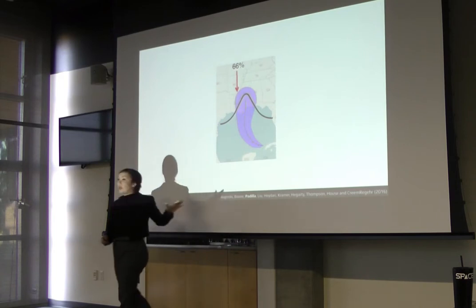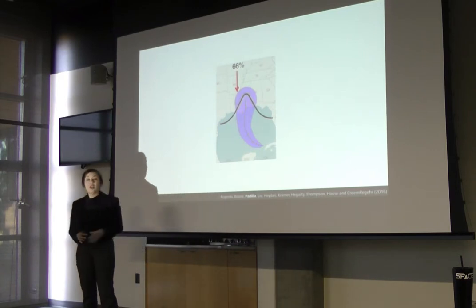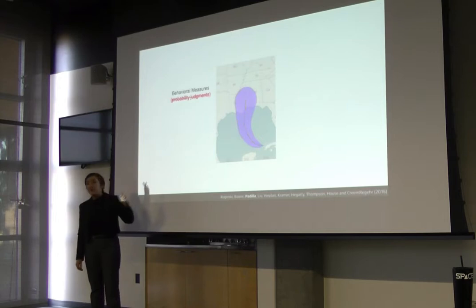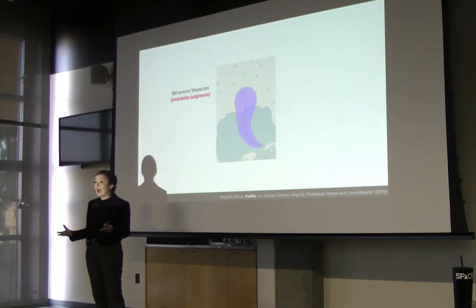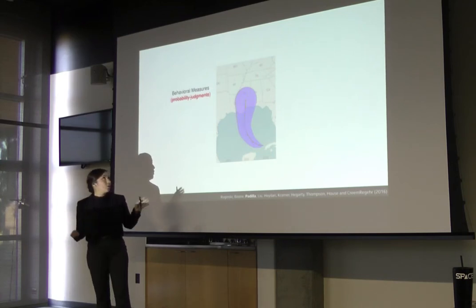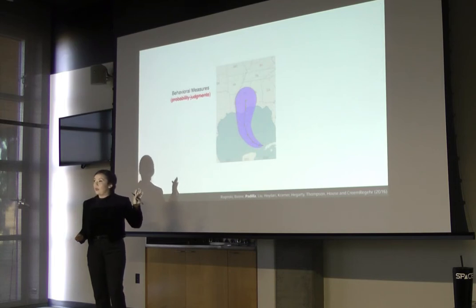Now, when we do experiments with these visualizations, what we like to do is to have people do behavioral measures rather than probabilistic judgments. People are very bad at reasoning with probability. Other researchers have demonstrated that in behavioral economics in very dramatic ways. So we try to avoid having them do a probabilistic judgment.